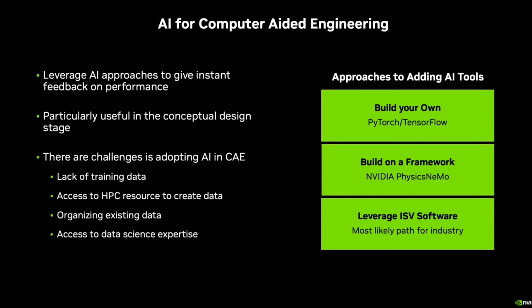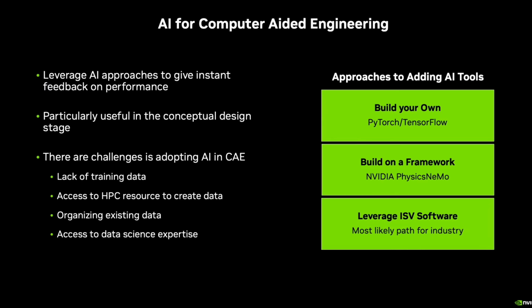So again, similar to what we do generally at NVIDIA, we've built this framework called Physics Nemo to allow people to take that framework and build AI surrogates on top of it. And on the right there, you can see the different approaches that you could take. You can just use PyTorch and build your own thing from scratch. At the other end, you could just buy someone's software for it.